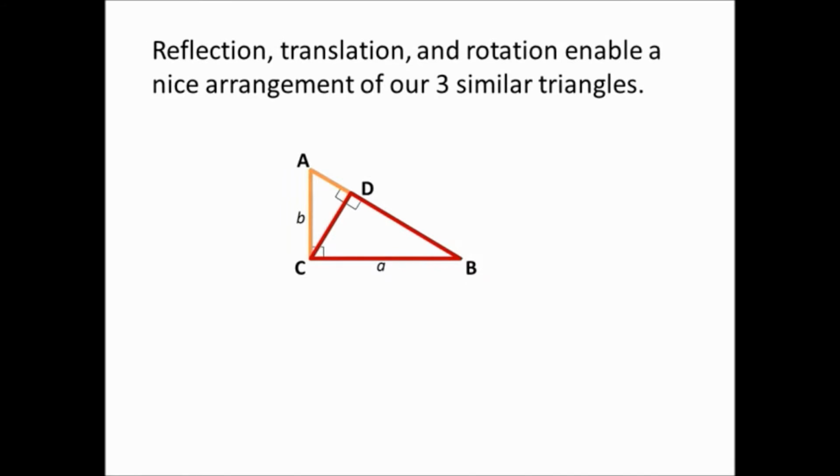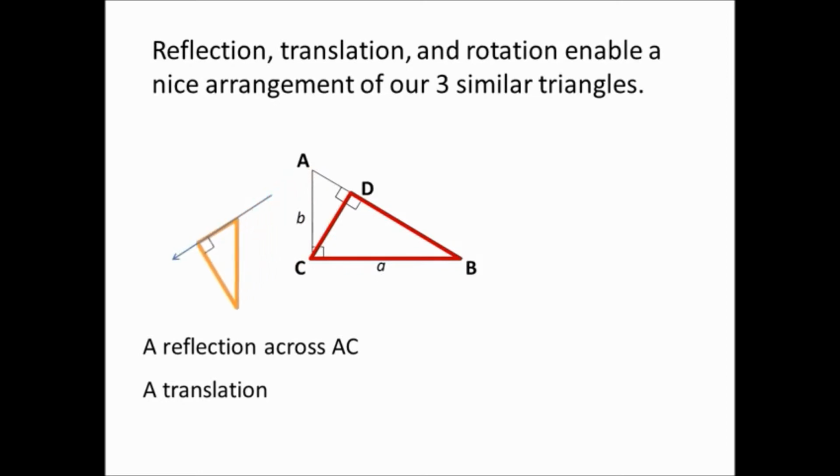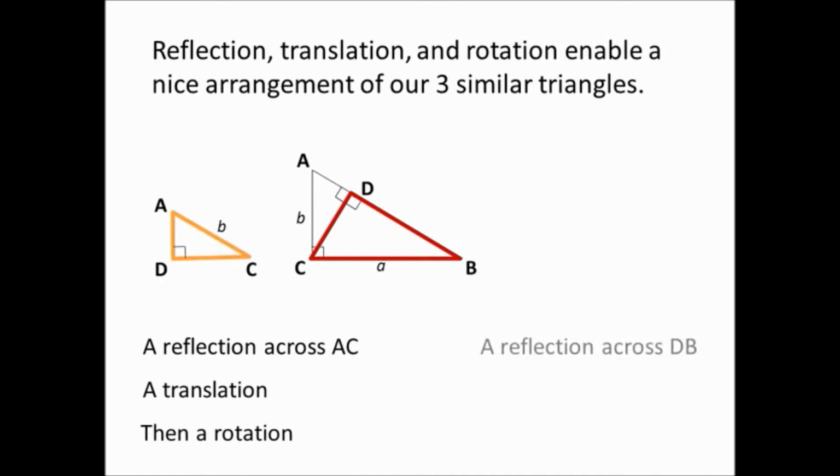Reflection, translation, and rotation enable a nice arrangement of our three similar triangles. A reflection across AC. A translation. Then a rotation. A reflection across DB.